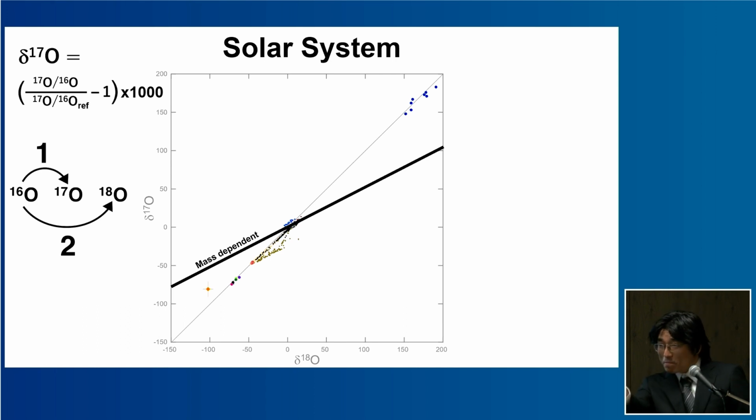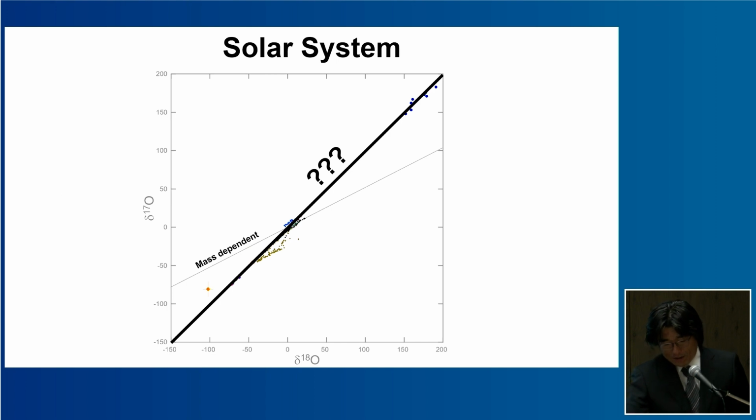Taiyo Nissan person taught me your O17 water contains much O18, so you don't need to buy O18. Oxygen isotopes of our solar system are plotted on this strange line.